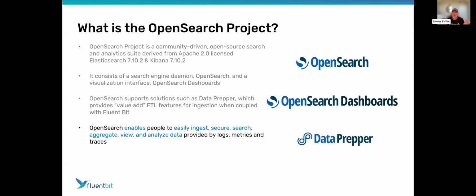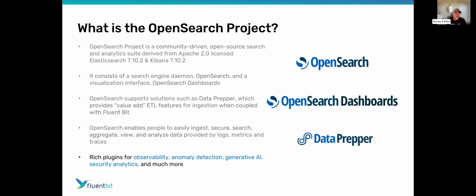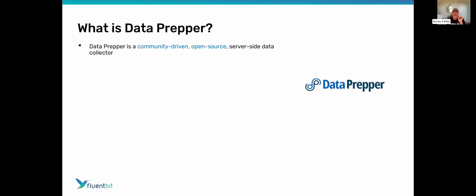So when you look at the whole project itself, OpenSearch is an engine for storing your data, and OpenSearch Dashboards is for viewing, and DataPrepper is the thing that ingests for you. So again, we have rich plugins in the OpenSearch community as far as the engine, which talk about observability, anomaly detection, dashboards, visualizations, and whatnot. There's plenty of stuff out there. We're not going to cover all that, but we'll do some very discrete things.